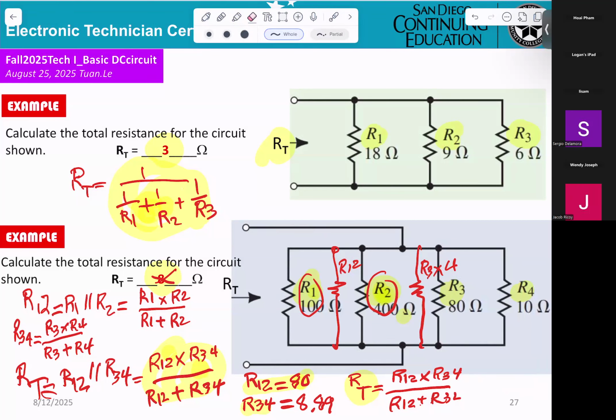I got 8.00089. You get a right answer, but I don't know how come I cannot. Because I did the same thing on the last situation.